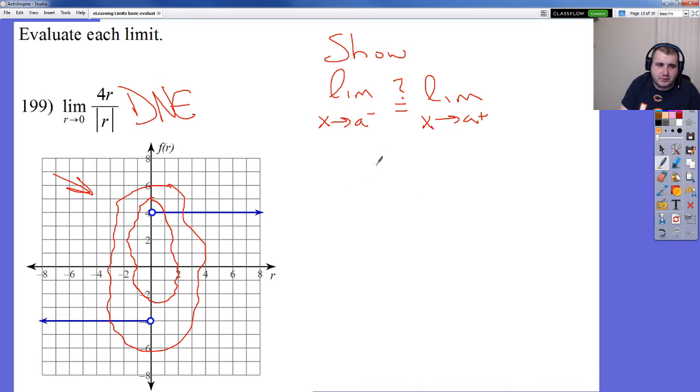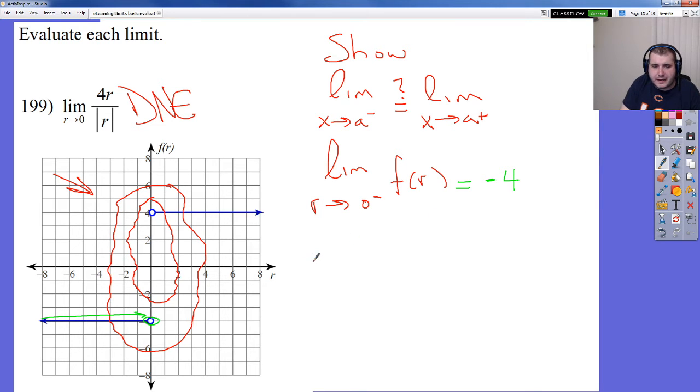So let's look at what happens. Let's look at the limit of this function as r goes to 0 from the left. We're coming this way, and we see that the limit approaches -4.